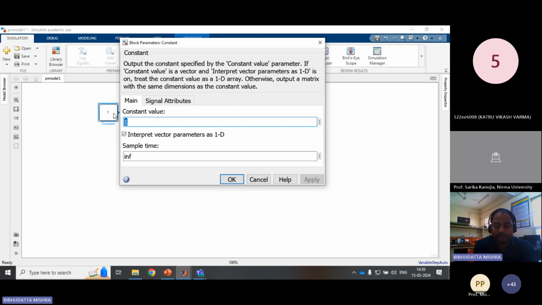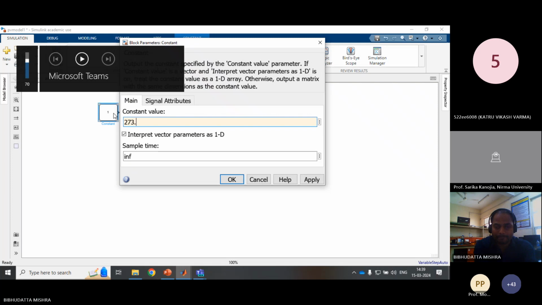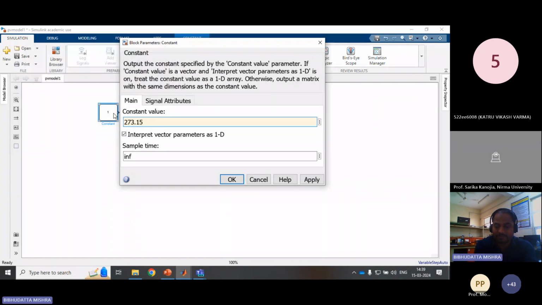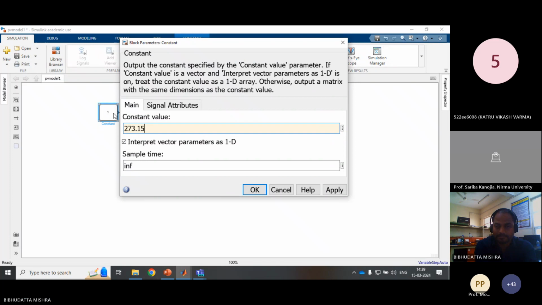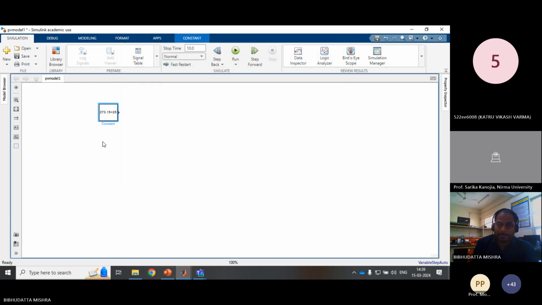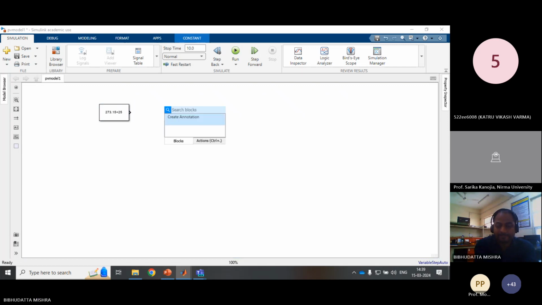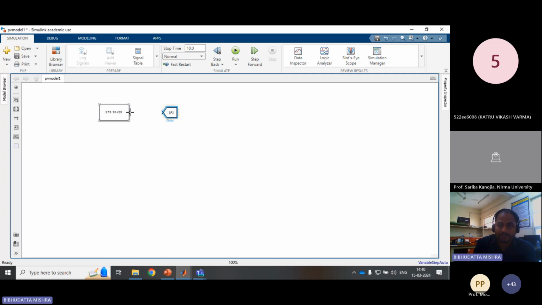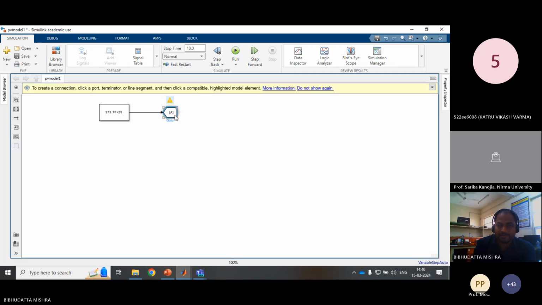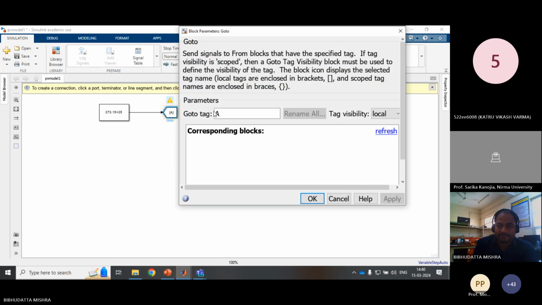So in Kelvin it will be 273.15. I am assigning this and making it a goto block, so that I can rename it as temperature, and the variable name being T.